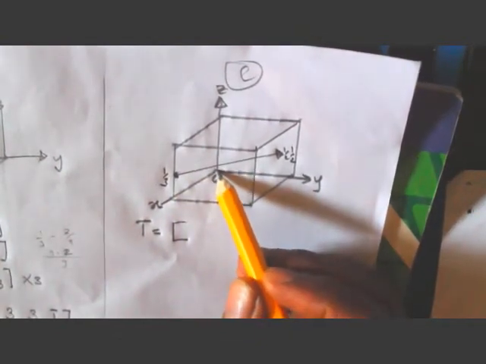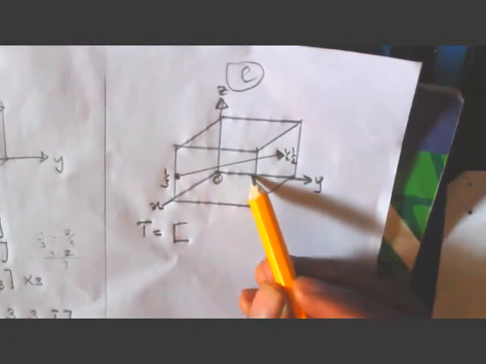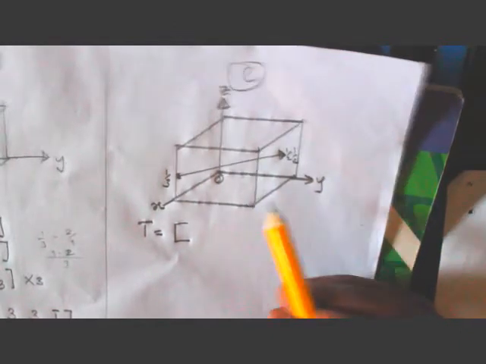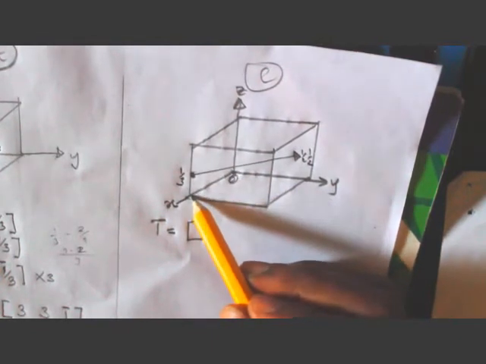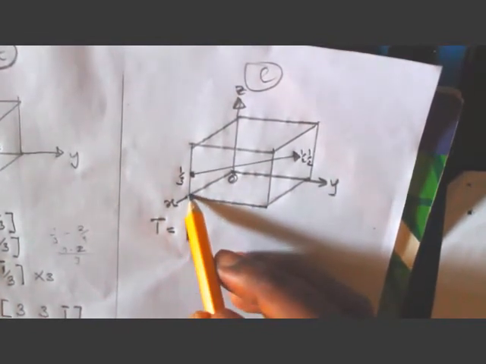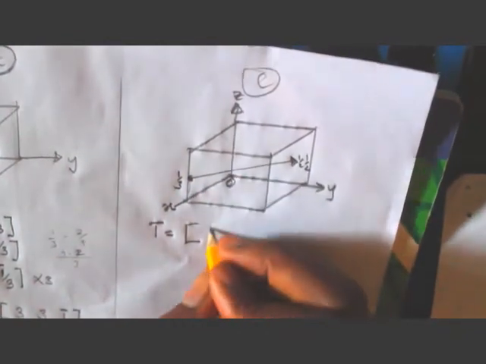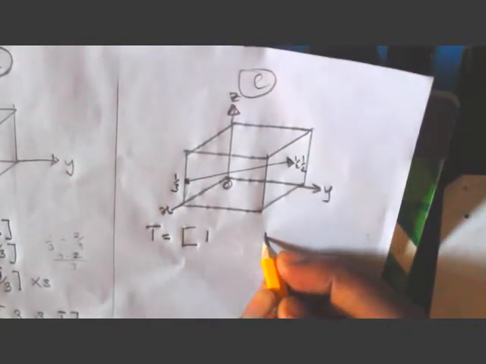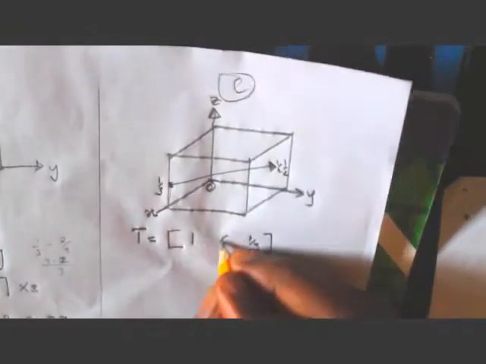If you think very carefully, from here this is 0. If you go Z 1, X 1, it is wrong. But what about if you go here 1 for X, and for Z it is 1/3. For X is 1, for Z is 1/3. For Y, it is 0.